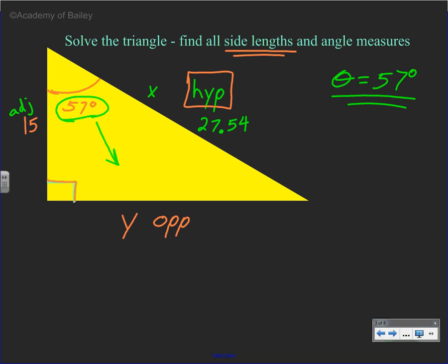So we're trying to find the opposite side, which is y. We know the adjacent side, which is 15, and I don't want to use the hypotenuse as 27.54 because it is a rounded answer, an approximation, so I want to use the exact 15 here. And which trig function will we use?